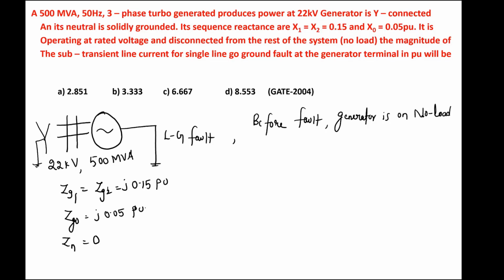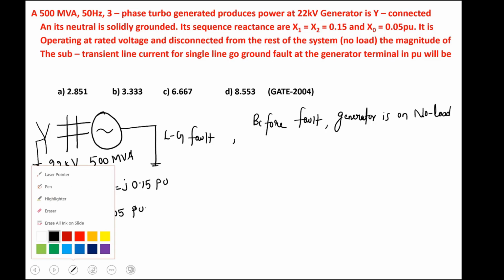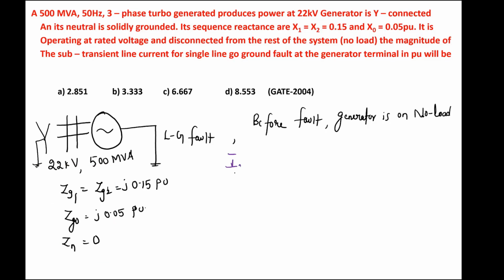First we have to calculate the per unit fault current. Per unit fault current in this case is 3 divided by Zg1 plus Zg2 plus Z0. Since your Zn is equal to 0, your Z0, which is 3Zn plus Zg0, becomes equal to Zg0, because the neutral is solidly grounded.